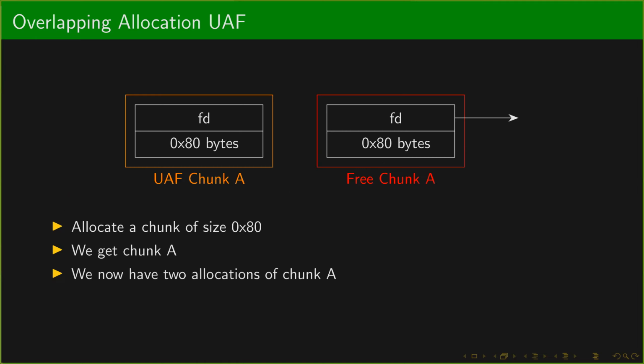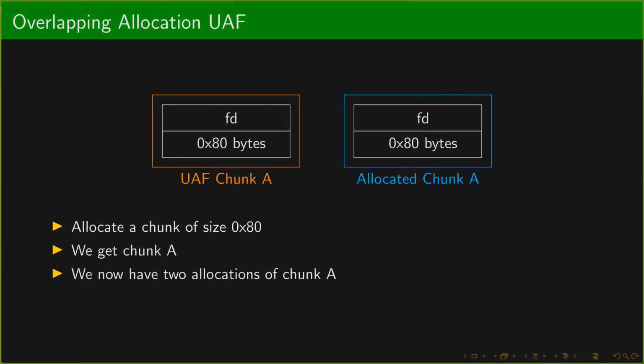We have this chunk that is being used as if it's valid memory, although it's already been freed, and this chunk is also in the free list. So when we next allocate a chunk of size 0x80, we're going to get back the same chunk. So we have UAF chunk A, and then we have allocated chunk A, and they have the same memory. So now if we do something to the UAF chunk A, it does the same thing to the allocated chunk A and vice versa.